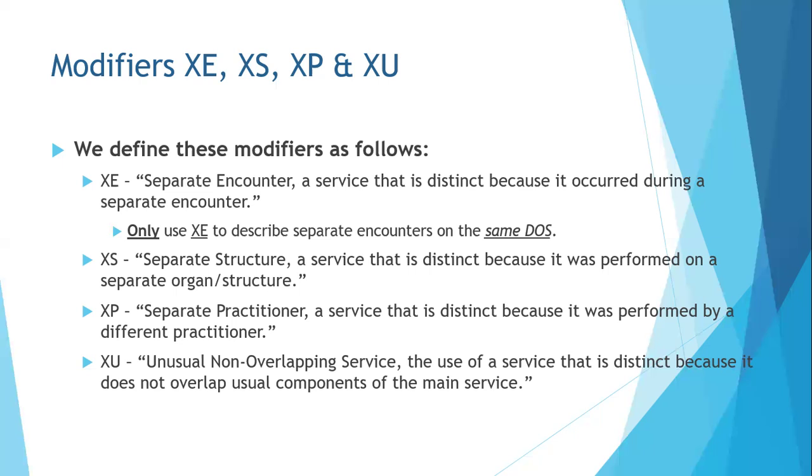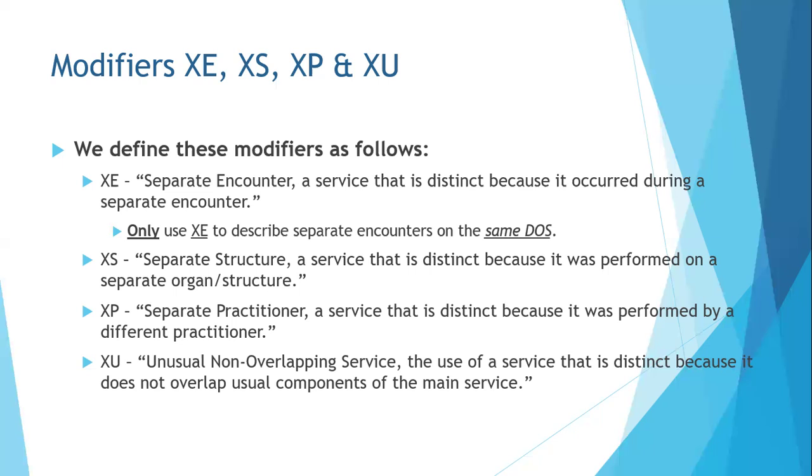They did not take them to recovery and put them somewhere else. That means it was performed at a completely separate encounter on the same date of service, okay? So many providers are like, oh, we're going to put that XE on it because I did this procedure and this procedure. No. Tell your providers no, okay? It has to be a completely separate OR trip, completely separate, same date of service.